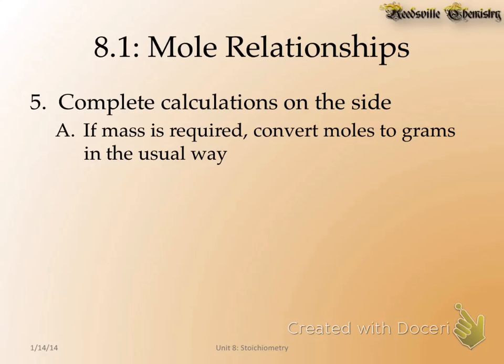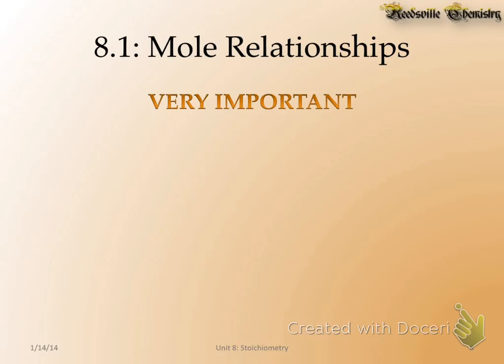This previous problem was asking how many moles of oxygen would be needed to consume the 2.4 moles of hydrogen sulfide, so we weren't asking for mass at all. But what if they did ask for mass? Well, you'd have to take the amount of moles that you found for oxygen and turn that into mass. And hopefully you remember how to do that from Unit 5. That's using the molar mass of oxygen to figure that out.